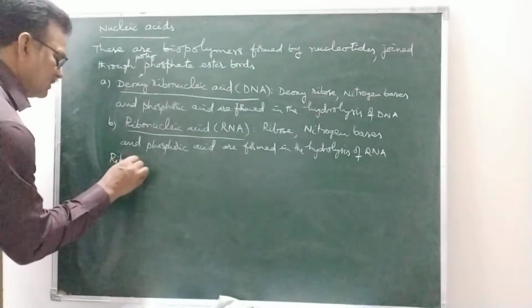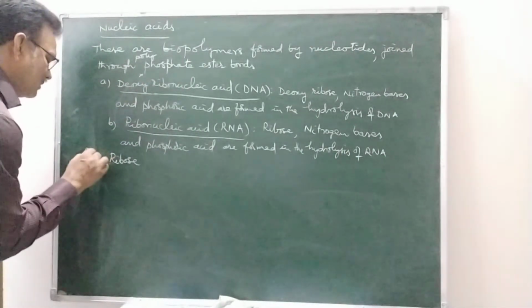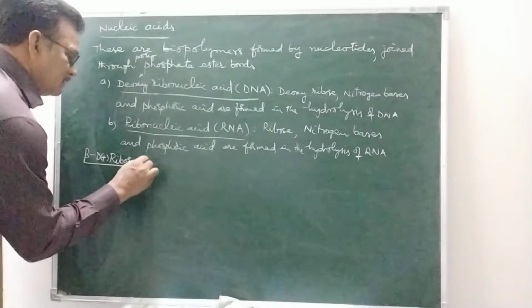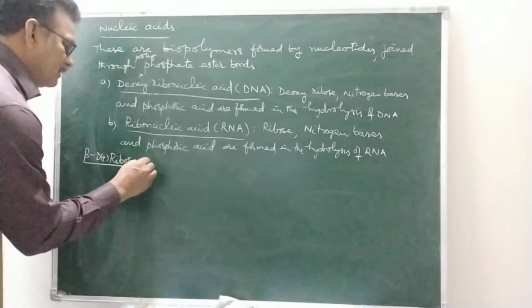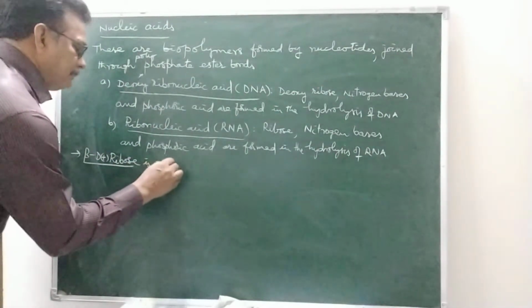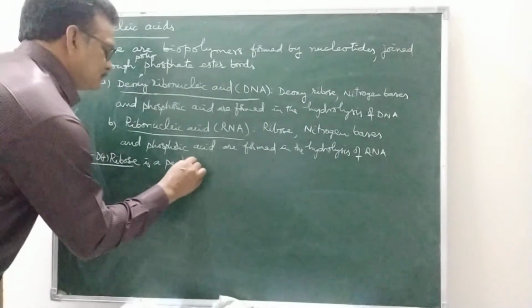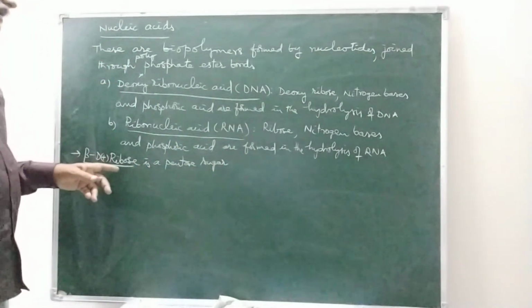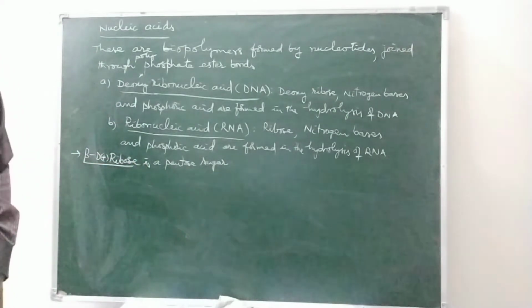Ribose is a pentose sugar, beta D plus ribose.